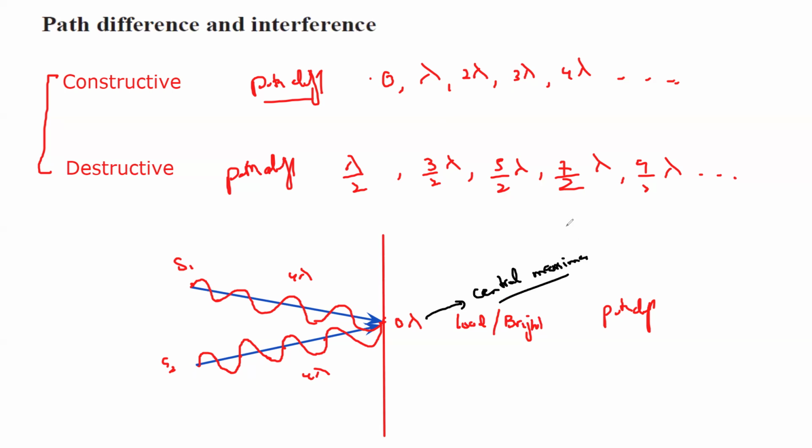So this will be the central maxima, where we have a path difference of 0. Now there will be another point, either above or below the central maxima.